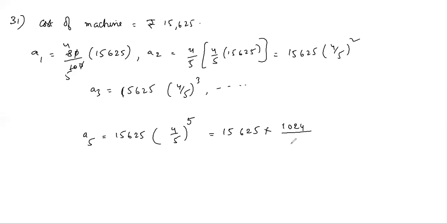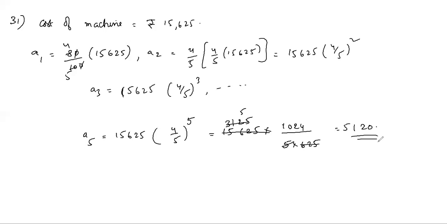1024 by 5 power 5. 5 power 4 is 625. So it is equal to 5120.